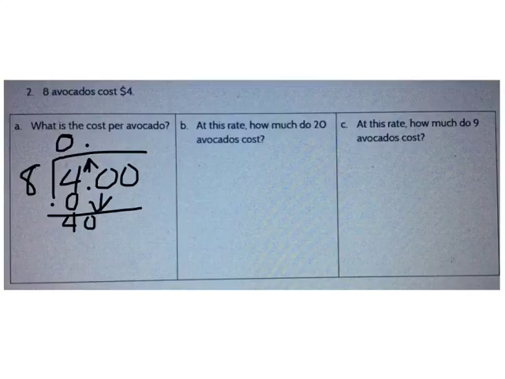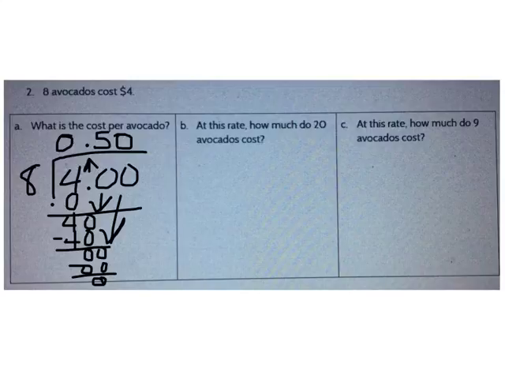Bring down my 0. How many times does 8 go into 40? 8 goes into 40 5 times. 5 times 8 is 40, with none left over. Because I'm dealing with money, I want to end in the hundredths place. So the answer is 50 cents per avocado.